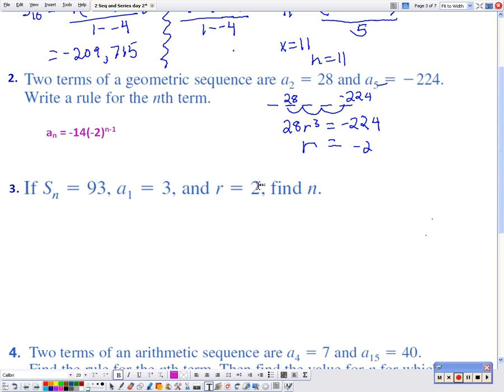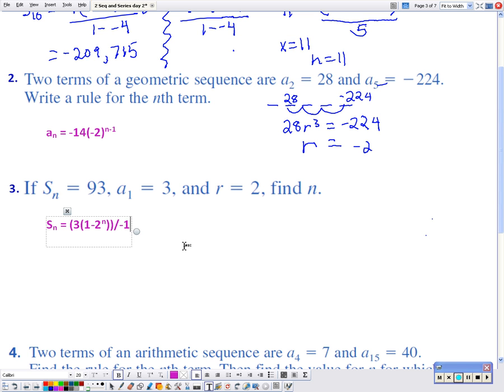So we know there's a ratio of 2, so the first thing I'm going to do is say, okay, if S sub n, that has to be 3 times 1 minus r, which is 2, to the n power, divided by, let's see, we've got 1 minus r, so 1 minus 2 would be negative 1.